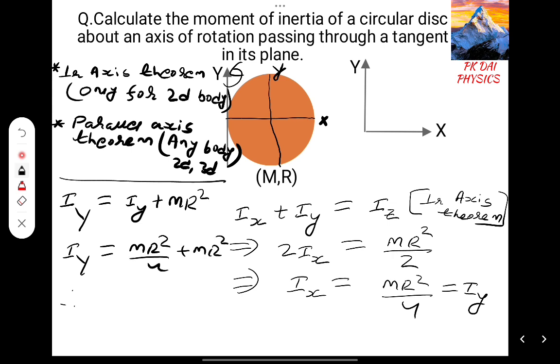Therefore, about the given tangent in its plane, that is 4 plus 1, it is 5 mr square by 4.